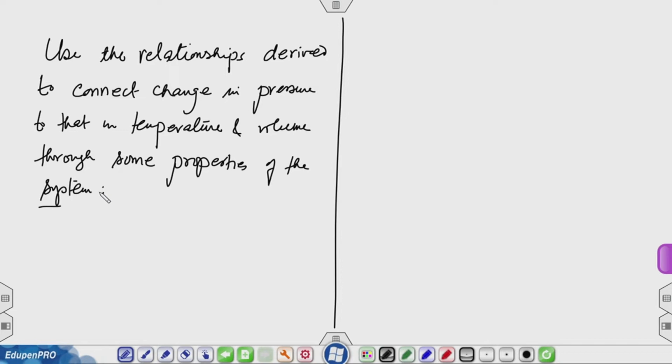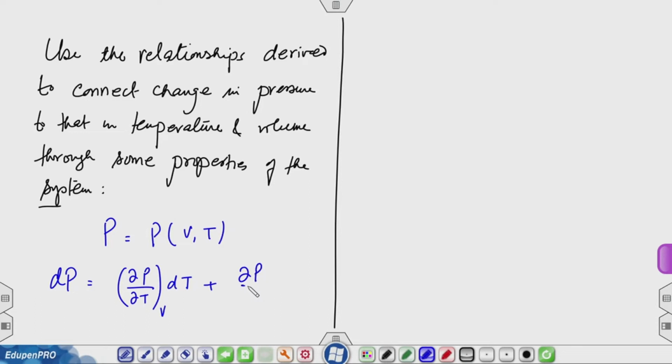Now, we are not going to assume any specific relationship between pressure, volume, and temperature. All we are going to say is that I have pressure as a function of volume and temperature. So I can write dP equals partial P partial T at constant volume dT plus partial P partial V at constant temperature dV.